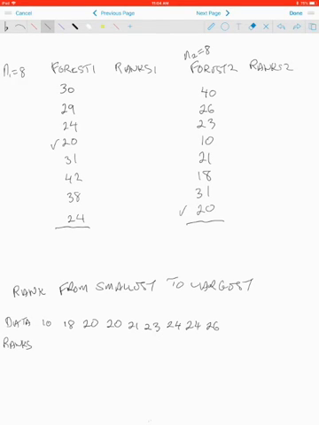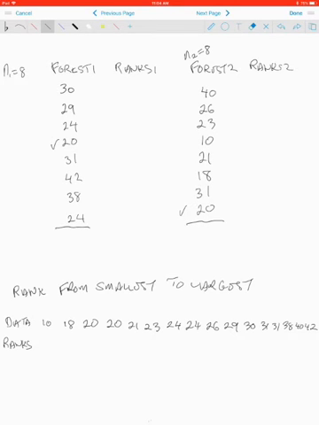There's a 26, 29, 30, 31, 31, 38, 40, and 42. So those are all the data. There should be 16 values, all of them ranked from smallest to largest.